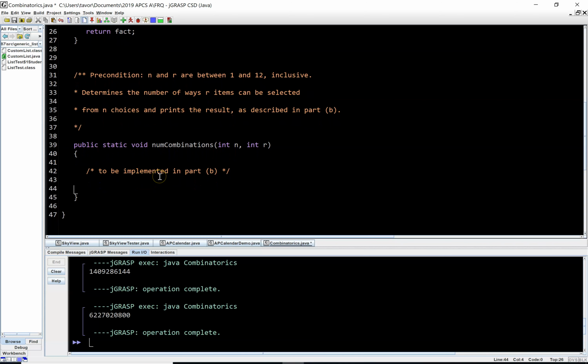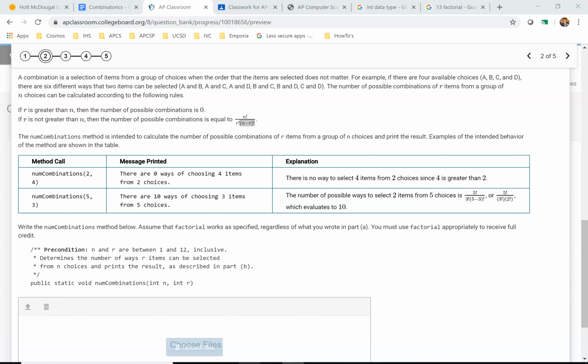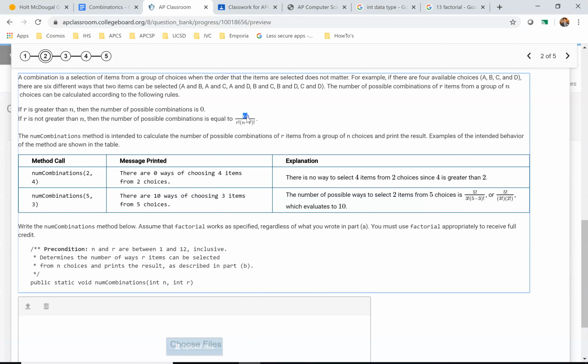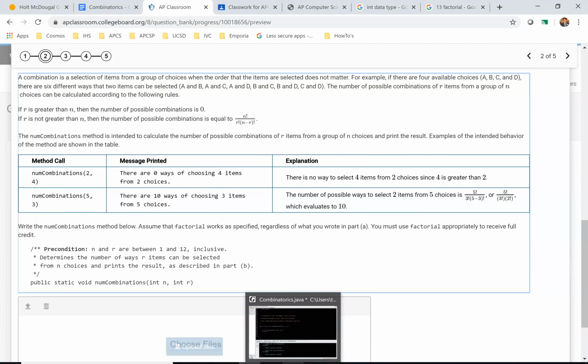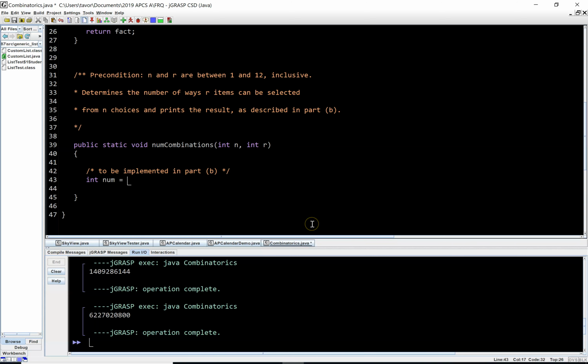Okay. Look, I'm going to do the following. I'm going to say int numerator, so num, it's short for numerator. Num equals. And if I look at the equation, the numerator is n factorial. So I'm going to execute the factorial method and send it n.